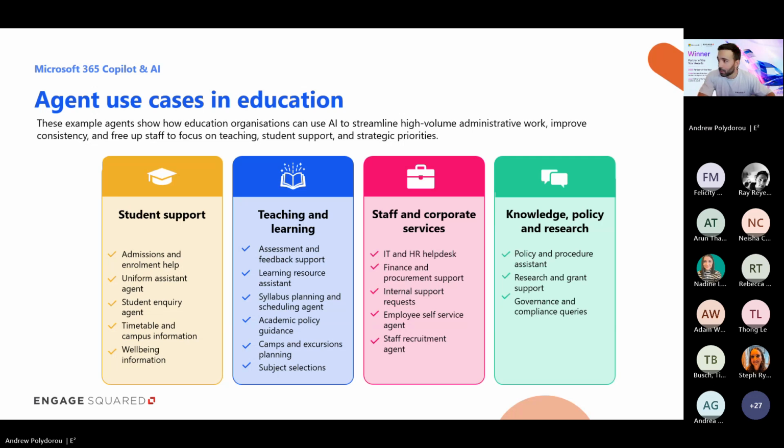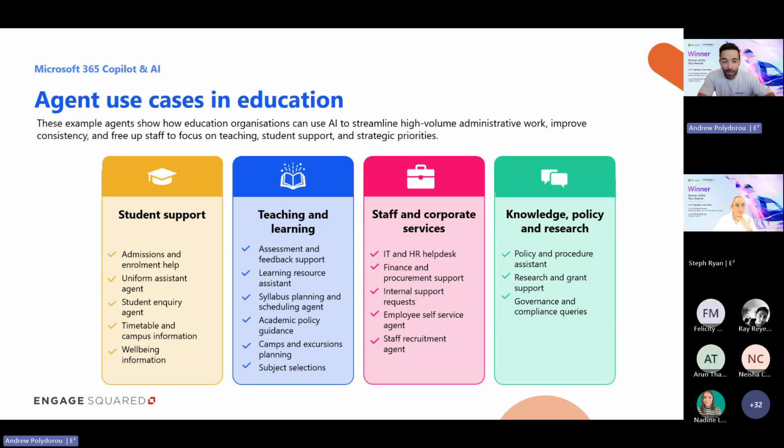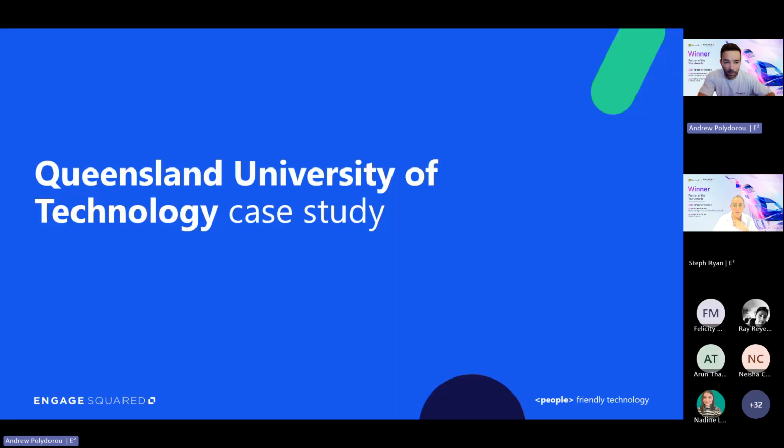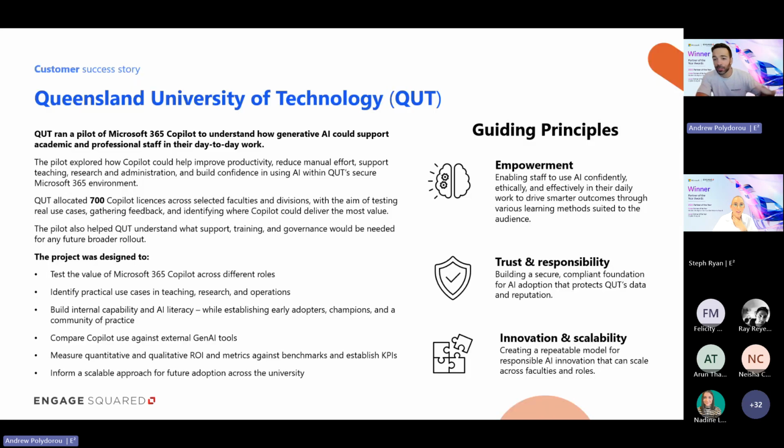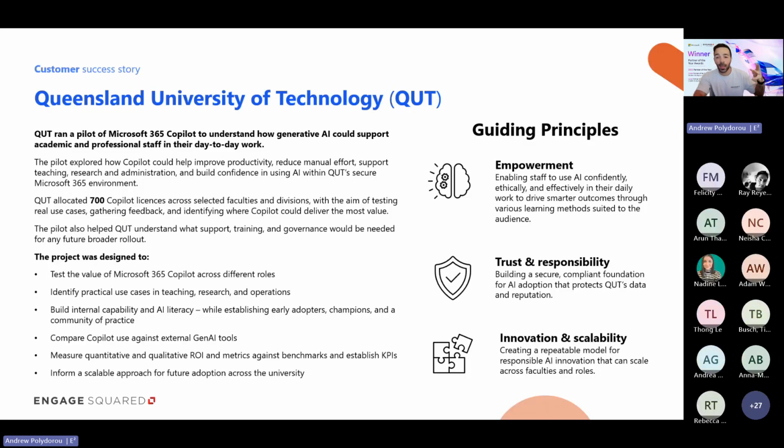All right. So now we're going to hear from, well, me again, unfortunately, with the Queensland University of Technology case study, talking about what we did and what the outcomes were. I'm not going to spend too much time here, but in summary, QUT piloted 700 Copilot licenses, and their goals were to support both academic and professional staff in day-to-day work.